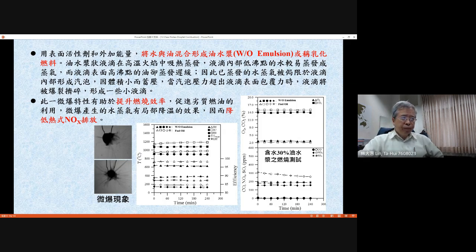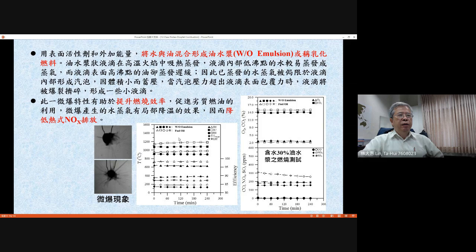And now the next step, I want to compare the temperature variation. For the water oil emulsions it is expressed by the black symbols, including the triangle, square, and the spherical diamond. And compare that with the temperature variation for fuel oil, represented by open symbols.